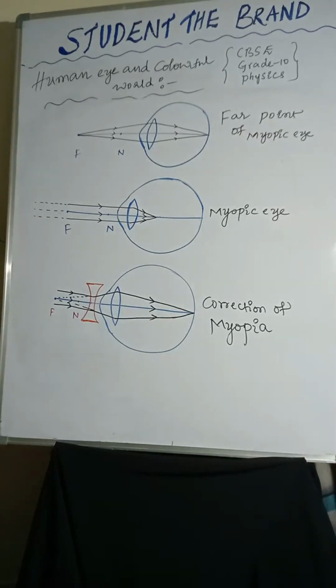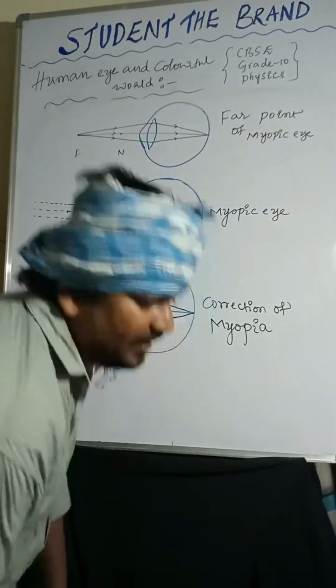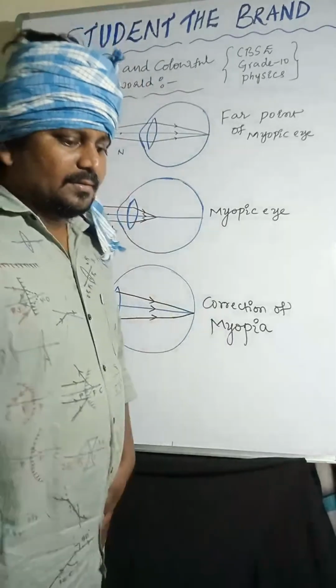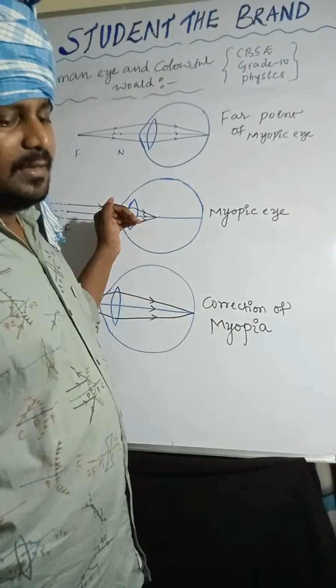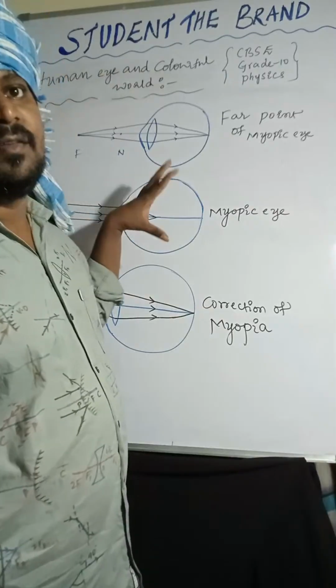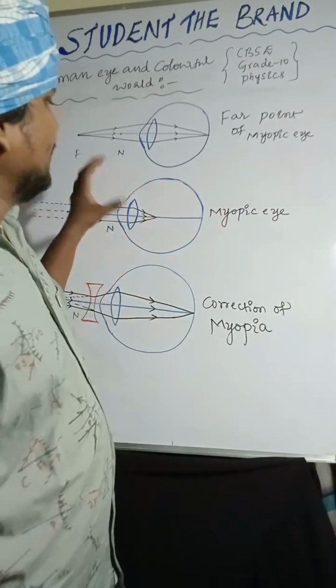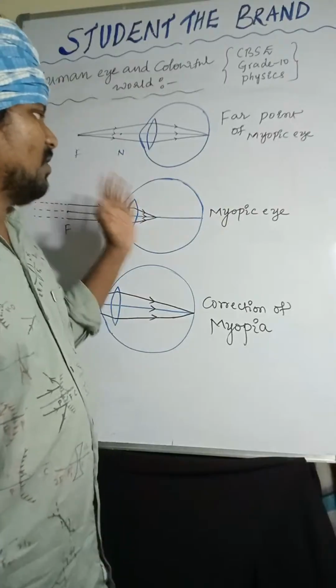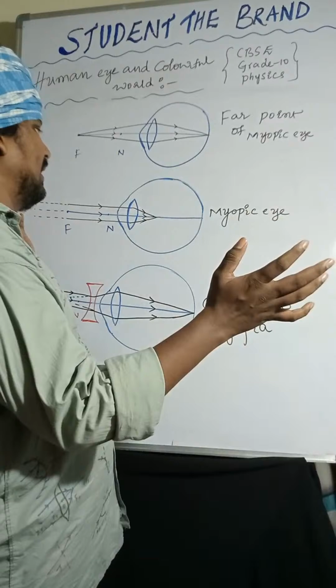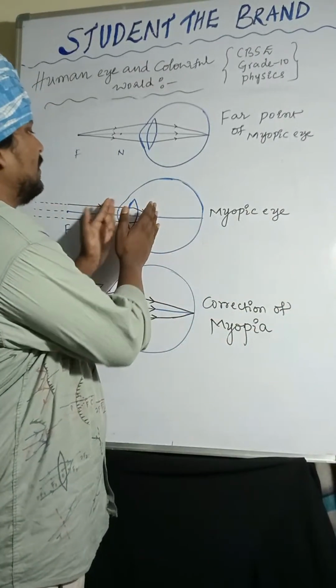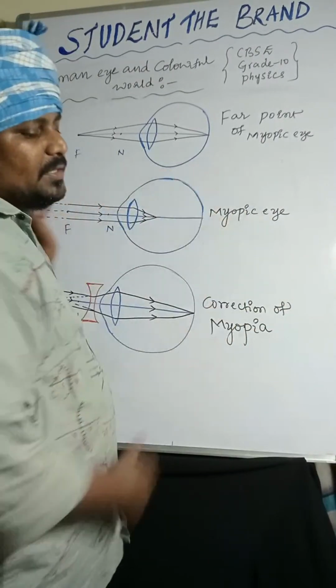So by seeing the second diagram, we can understand the causes. Eyeball becomes too large. Focal length is less. Eyeball is too long.